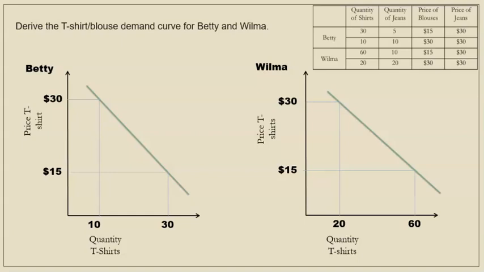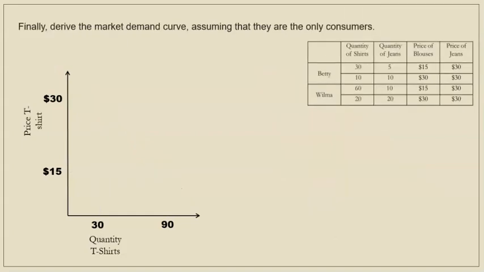So the next part of the problem asks us to do a market demand curve. A market demand is the summation of all individual demands at given market prices. So we want to know at $30 and at $15, what quantities of t-shirts we would be able to buy together between Betty and Wilma, if they are the only customers in the business.